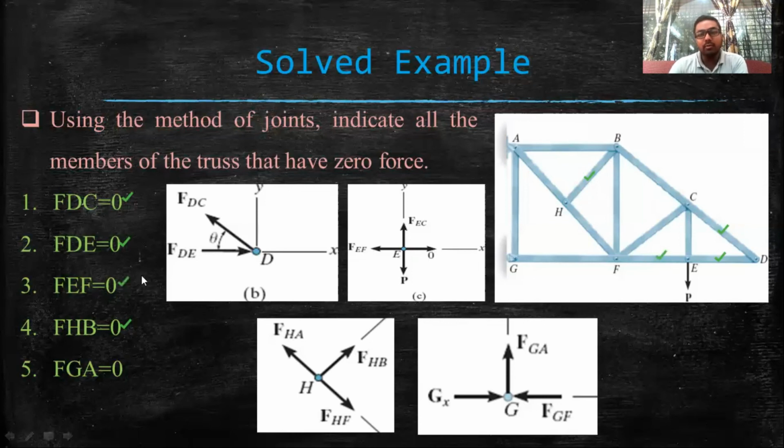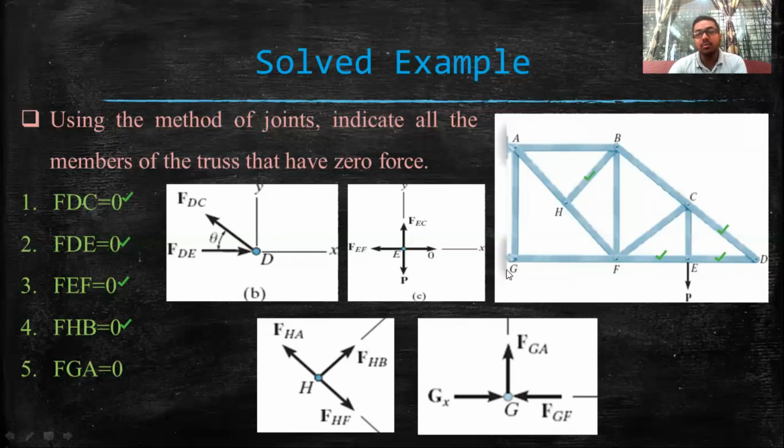Now, if we look at joint G, then what will happen? Draw the free body diagram of joint G. There is one member force FGF that is acting in the negative x direction. We are considering this member force as compressive in nature.